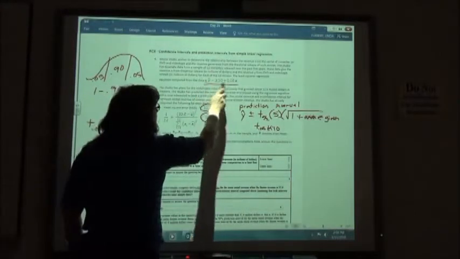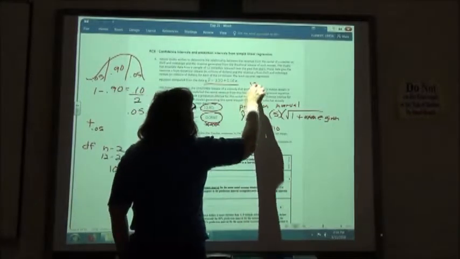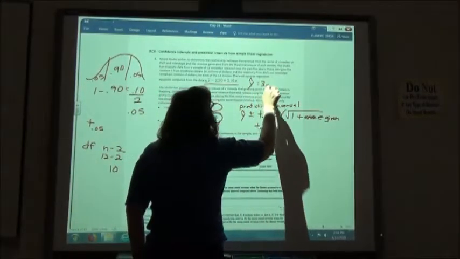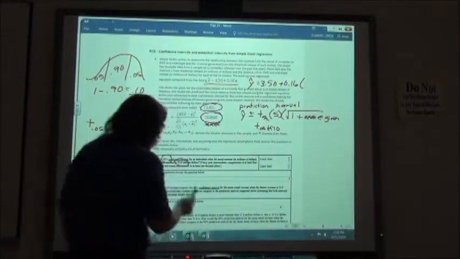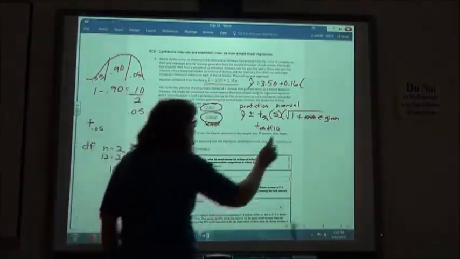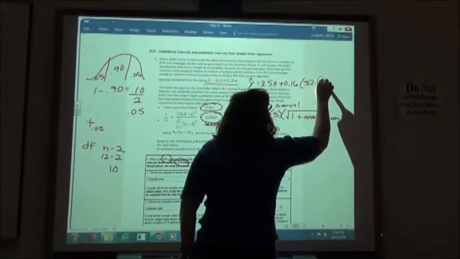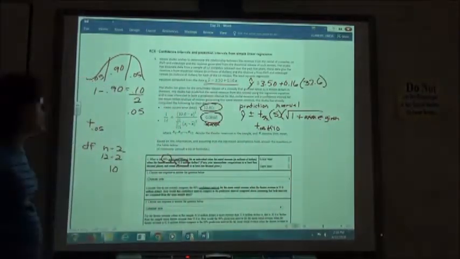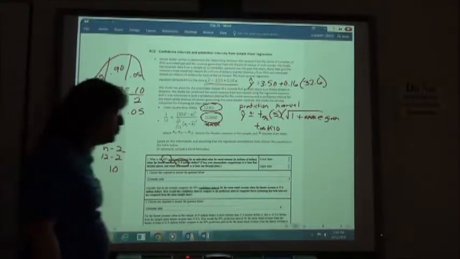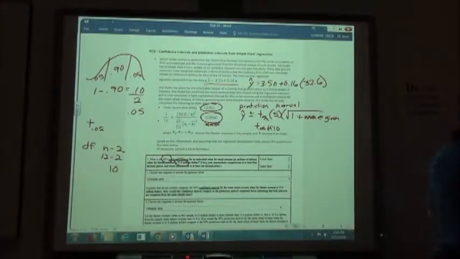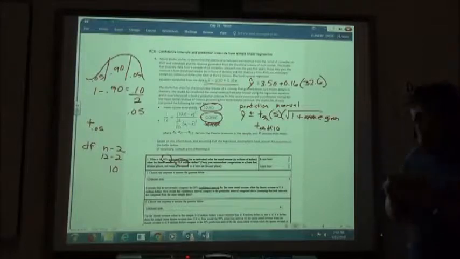So we're going to use this equation here and say y hat is equal to 3.50 plus 0.16 times the 32.6. We're just going to grab our calculator and figure that out.